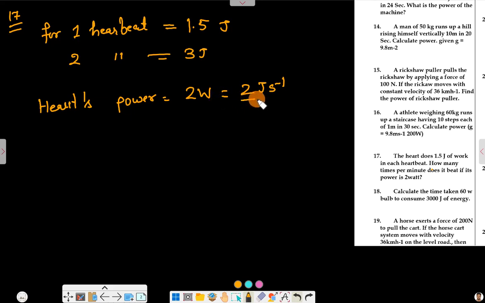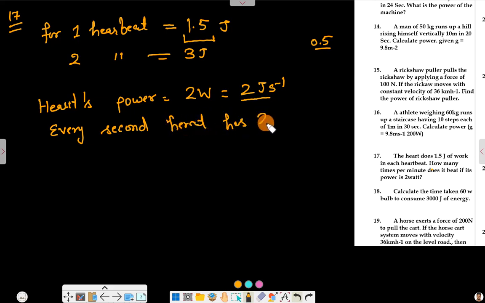That engine generates 2 joule per second, and out of that 2 joule, the heart requires 1.5 joule for one heartbeat. So we have an excess of 0.5 joule. So you can say that every second the heart has 2 joule energy available.